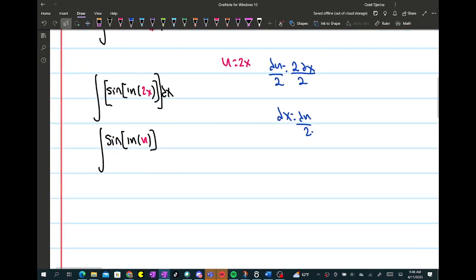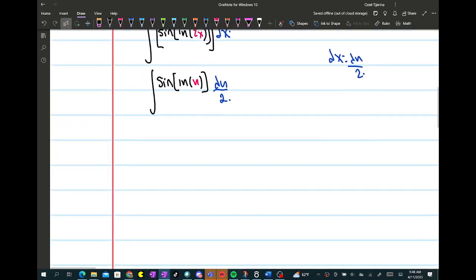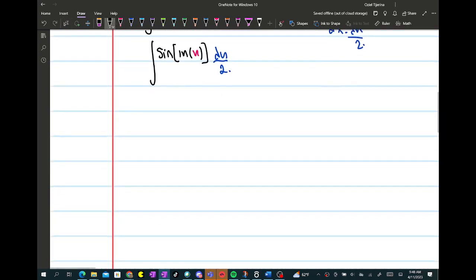So again, if this is dx right here, I'm going to put du over 2 for that, because that's what dx will be. Now we have the integral of sine of the natural log of u, times 1/2 du.